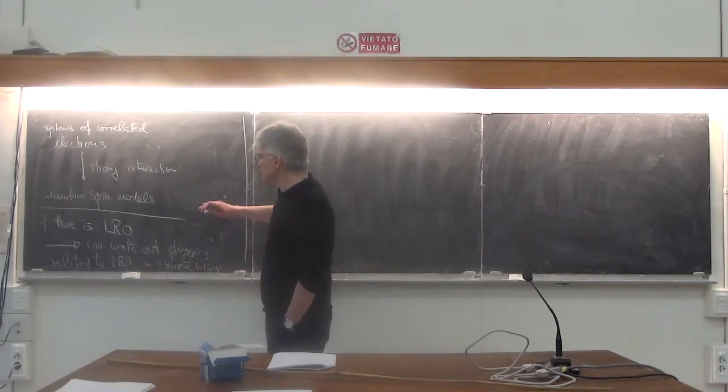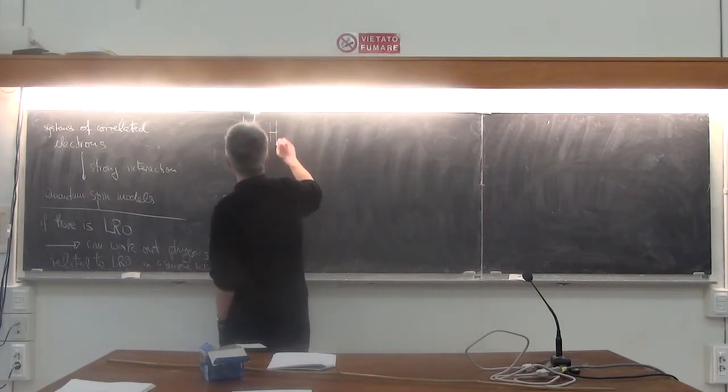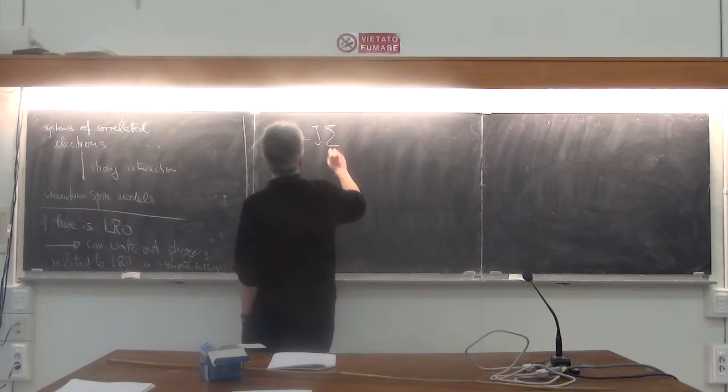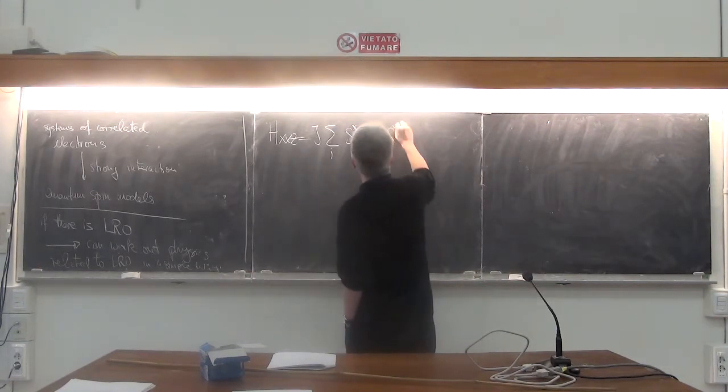What we want to do now is study the simplest paradigm of one of these quantum spin chains, which is the spin 1/2 Heisenberg XXZ chain, which is the type of Hamiltonian I derived for you on Monday from the Hubbard model, but I generalize it a little bit by allowing for what's called an exchange anisotropy.